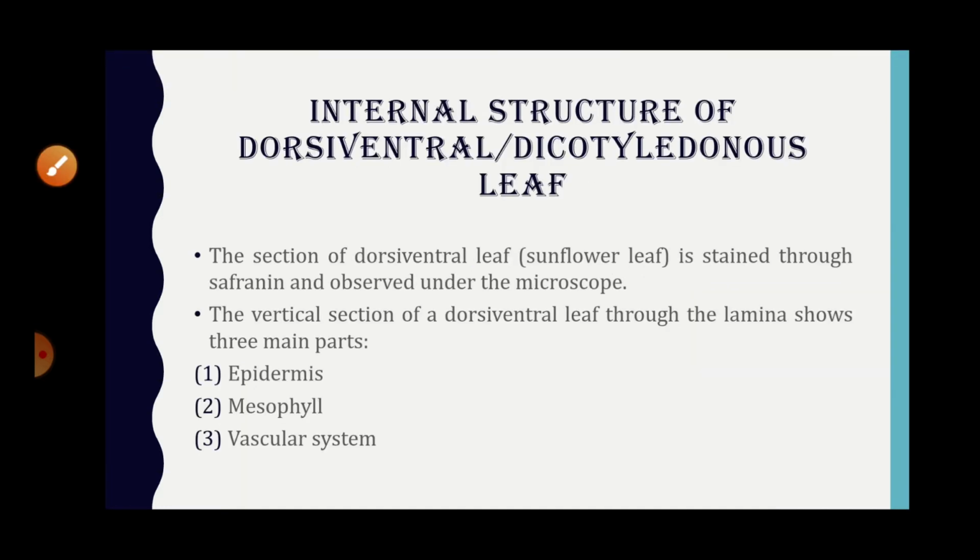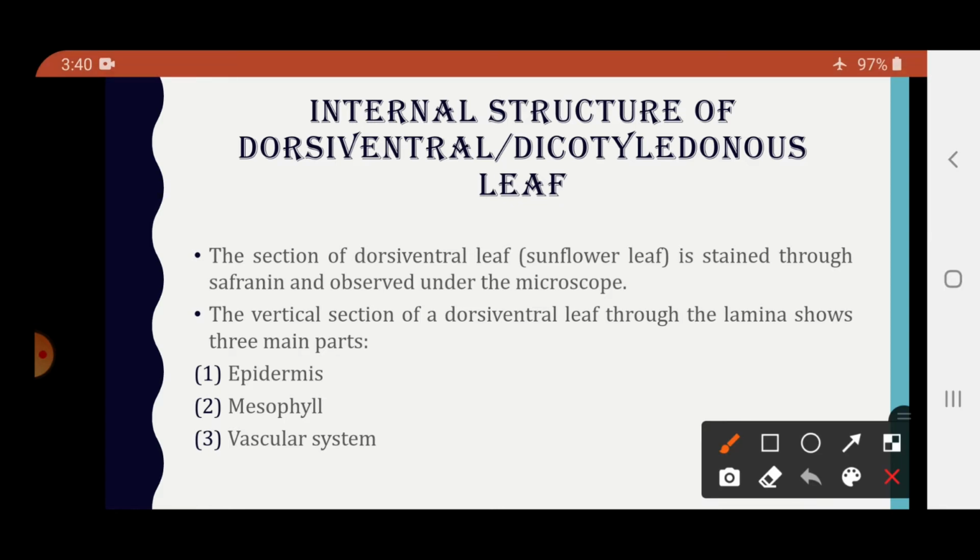Now students, we will study in detail the anatomy, or you can say the internal structure, of the dorsiventral, also called the dicotyledonous leaf. So, here we will begin with the anatomy of the dicot leaf, which is also called the dorsiventral leaf.